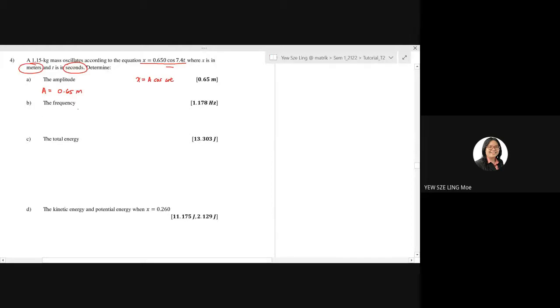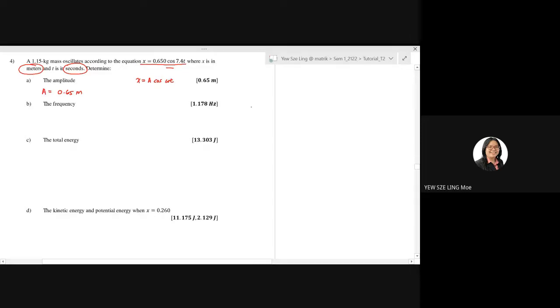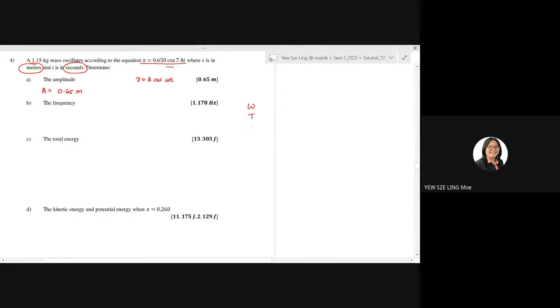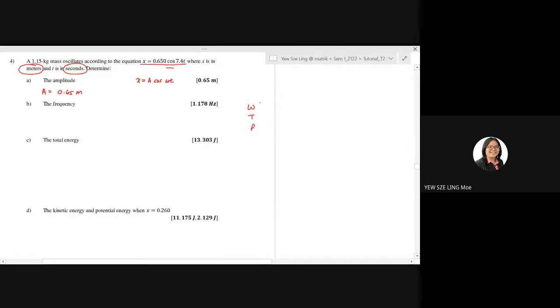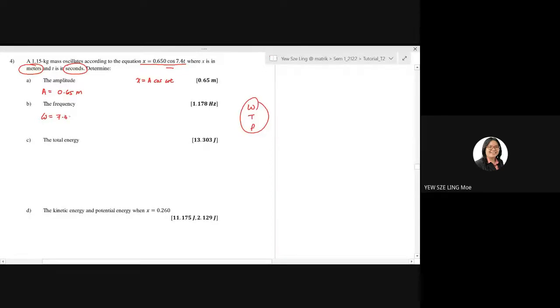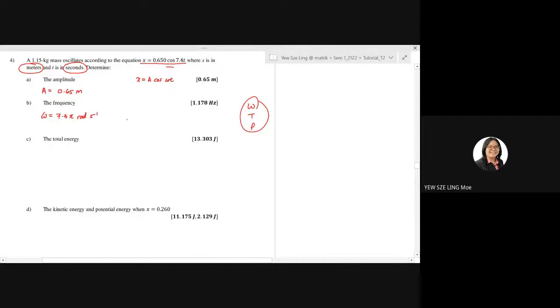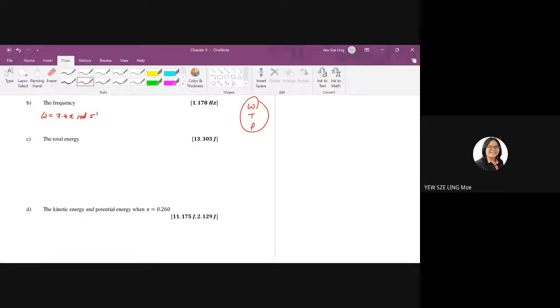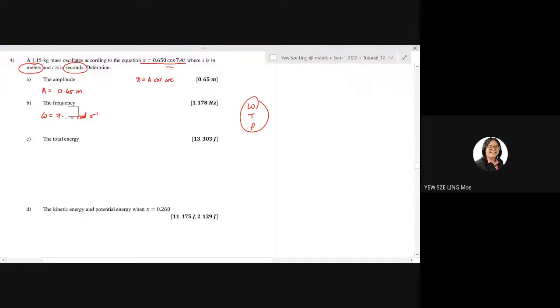So frequency, the question is asking for frequency. Again, always remember omega, period, frequency, they are one family. So the question asking for frequency means that you can calculate it by using omega. So omega is equal to 7.4 radian per second, 7.4, sorry, without pi. I'm used to pi.